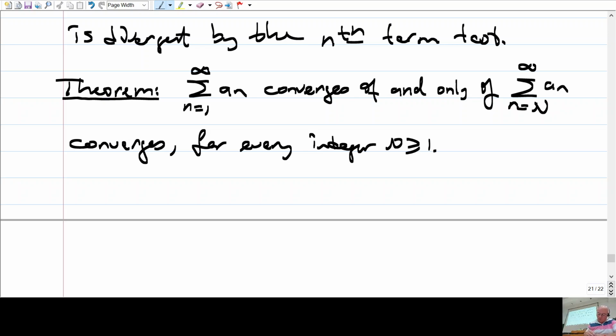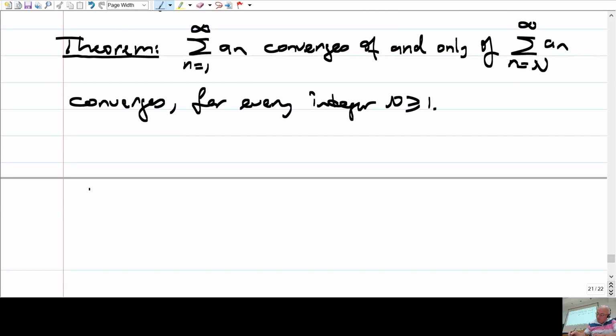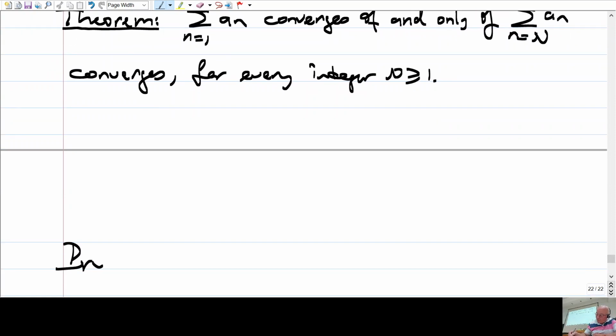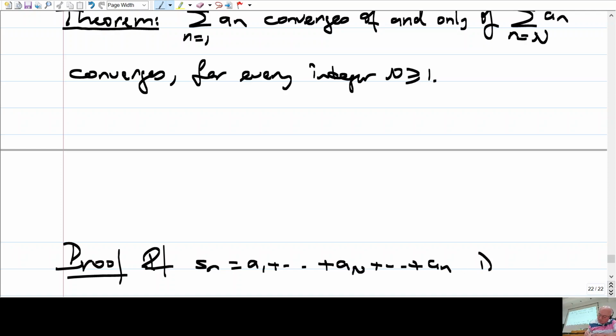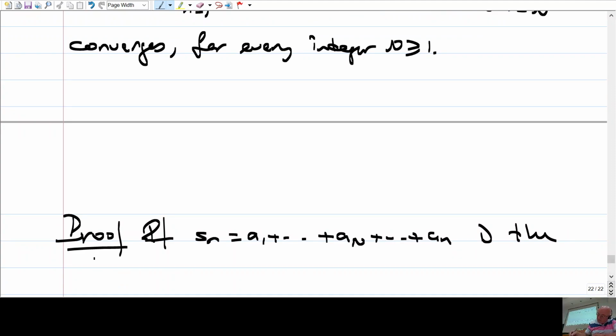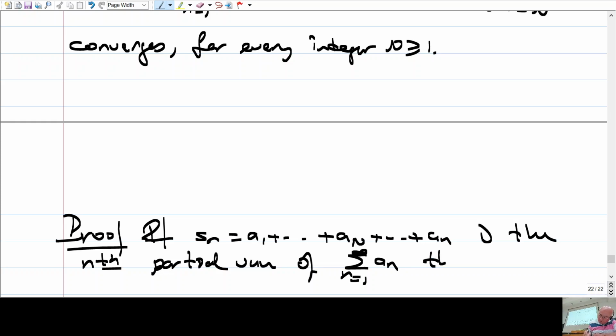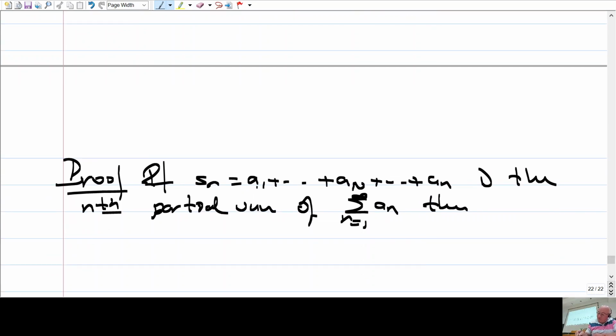Okay, so I can write down a proof something like this. If Sn, let's say a1 up to an, is the nth partial sum of this series, then what is the nth partial sum of the second series?